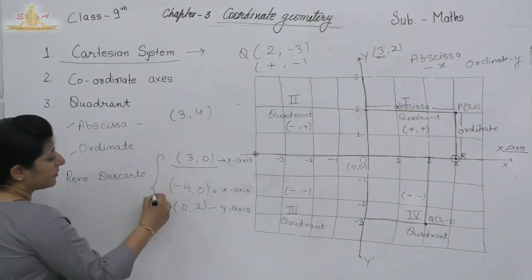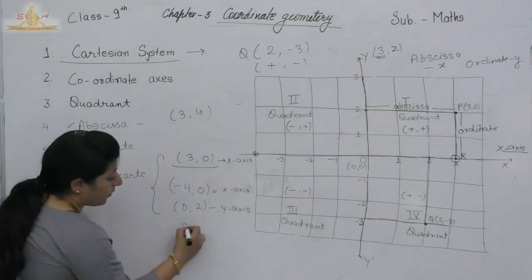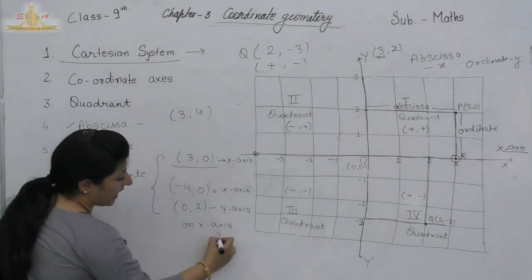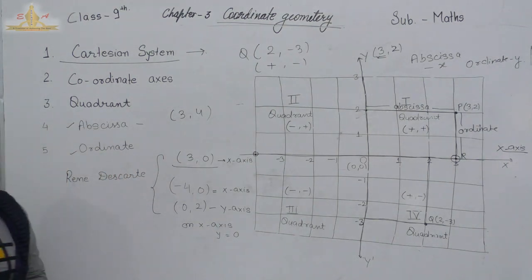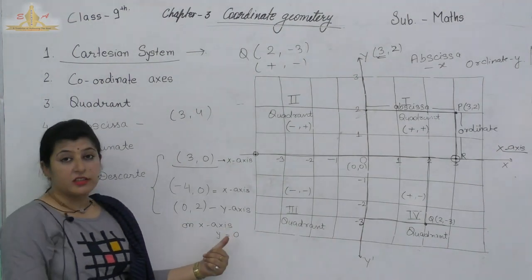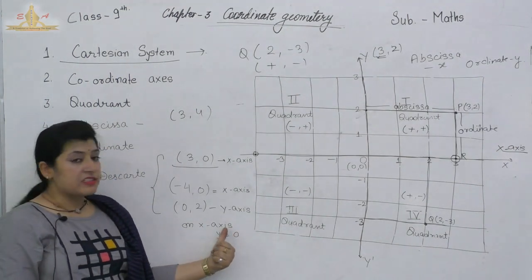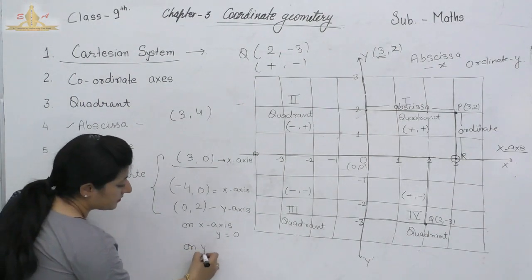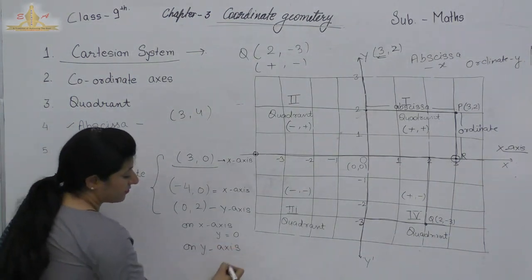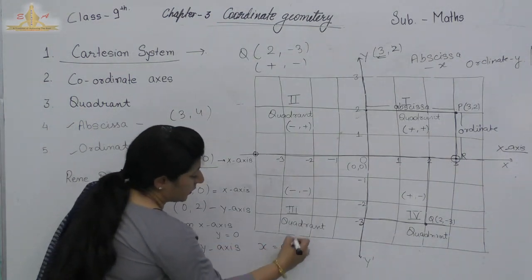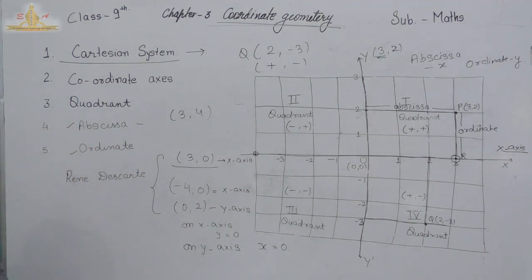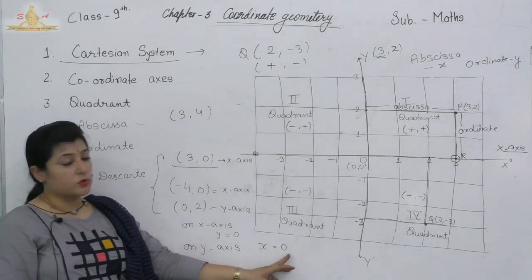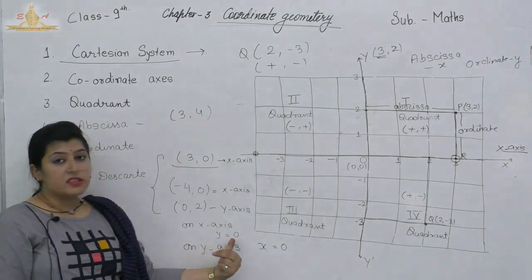Now you can see from these things that on the x-axis, y is equal to 0. If we want to give the equation, then on the x-axis y is equal to 0, and on the y-axis x is equal to 0.